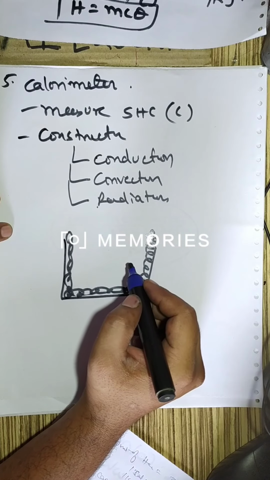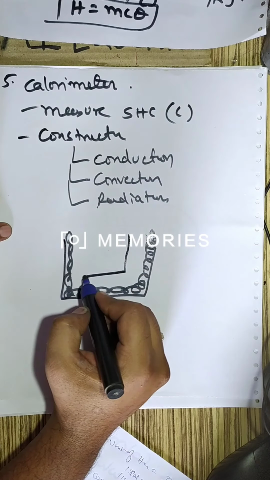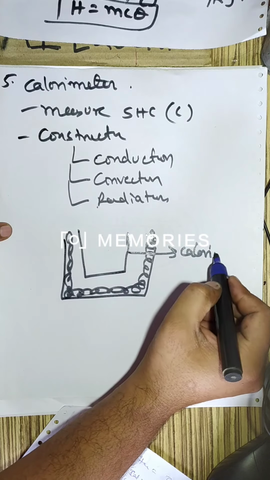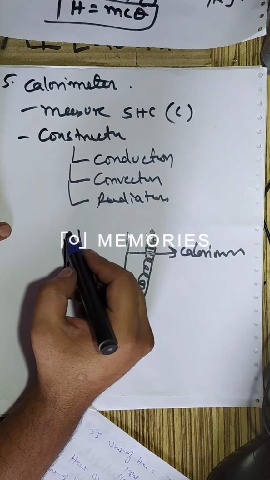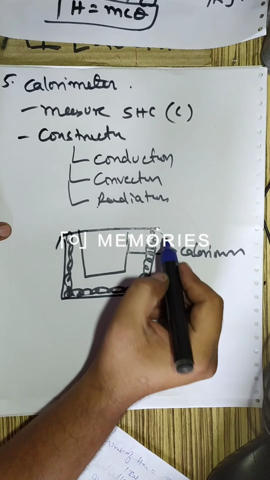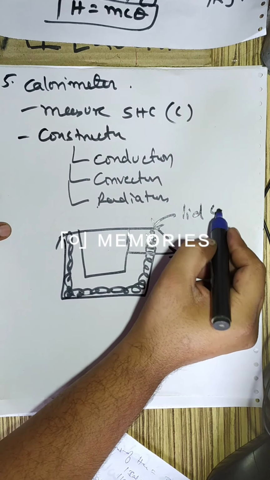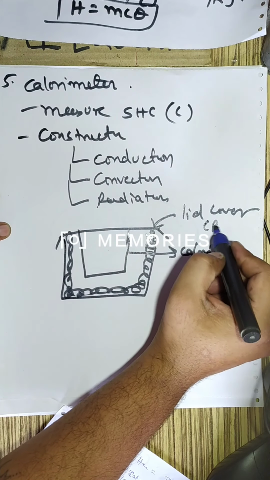Inside the wooden jacket we have a tin container. This tin container is called the calorimeter, and the rest is a protection device. On the top of the calorimeter we have a lead cover. This lead cover avoids heat loss due to radiation.